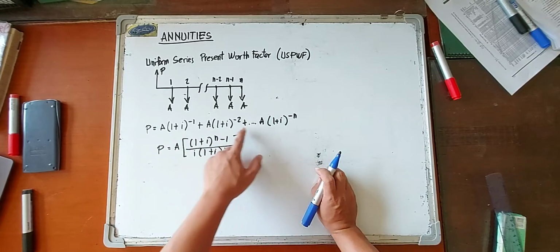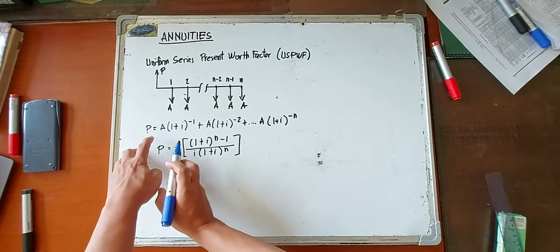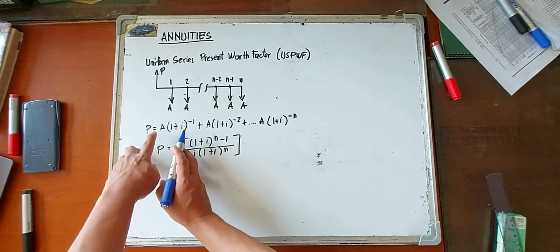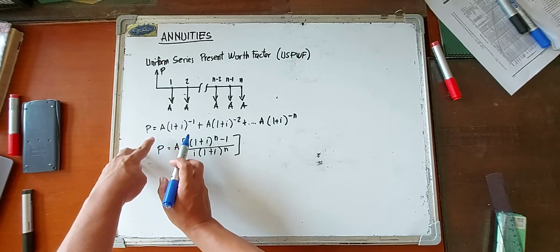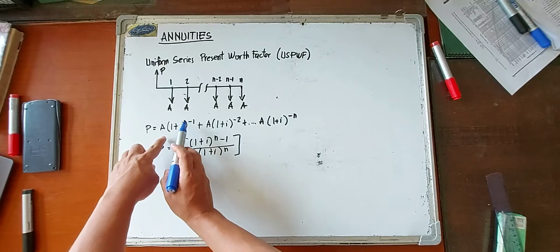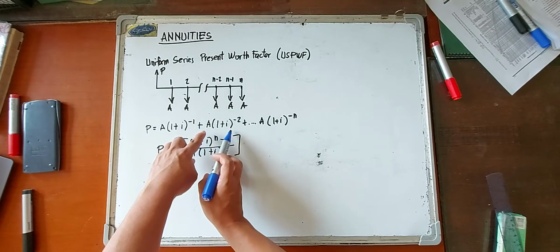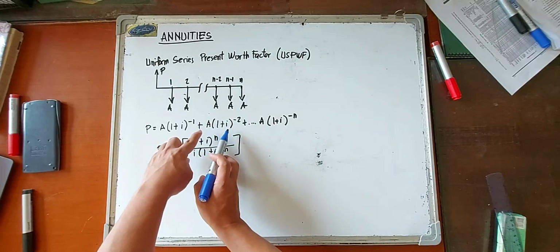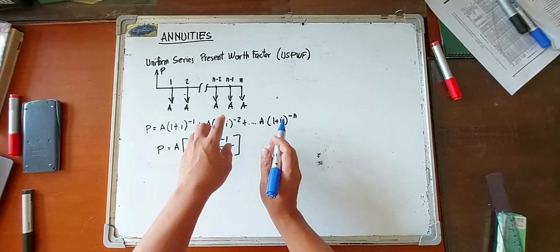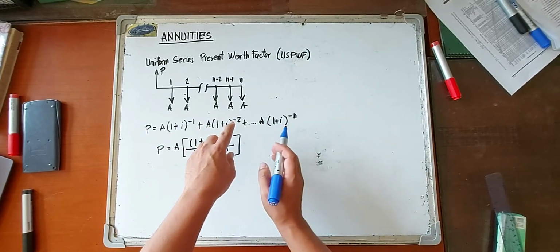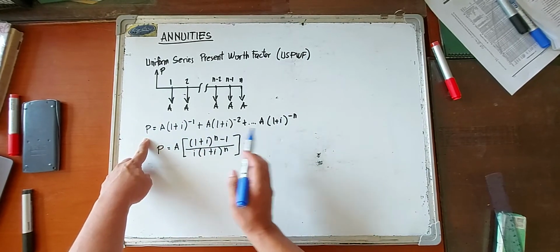So equal yan. Ang gagawin natin by compound interest, kunin natin yung present worth value ng each payment. Yung first payment natin, i-solve natin yung present value niya. Ganun din sa second payment, and the succeeding payments. Transfer natin lahat yan sa present value.